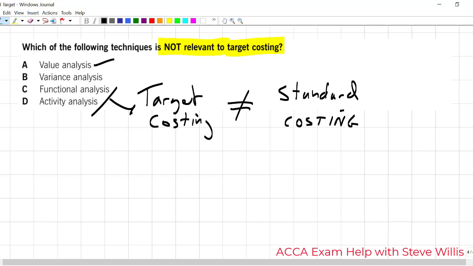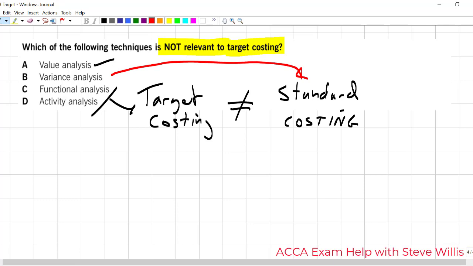Guys, standard costing is the traditional approach. That's a top-down approach. Target costing is bottom-up. That's using our empowered workforce. The empowered workforce implements and suggests the improvement areas. Standard costing is a top-down approach.